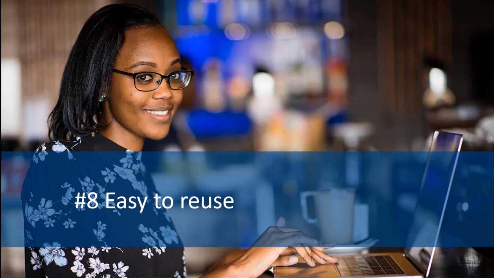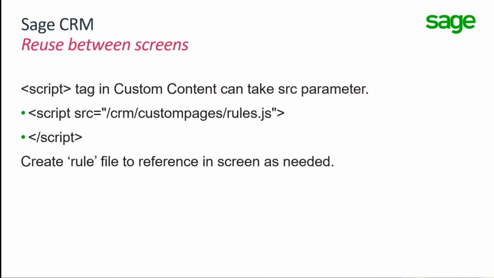Here you can see rules need to be shared across screens. I've got an example of a script showing how the script tag can have a source associated with it. We can take advantage of the ability of an HTML script tag to use this source parameter, and that allows us to hold all of our business rules in an external file and load the same business rules into each screen when we need them.